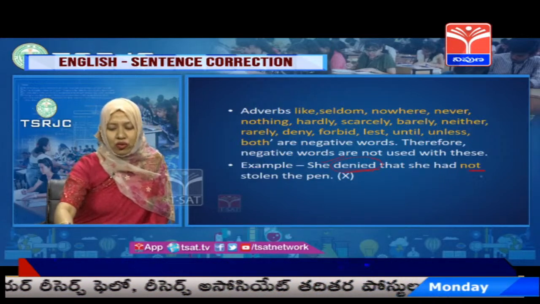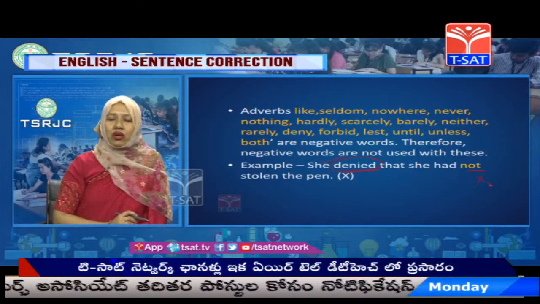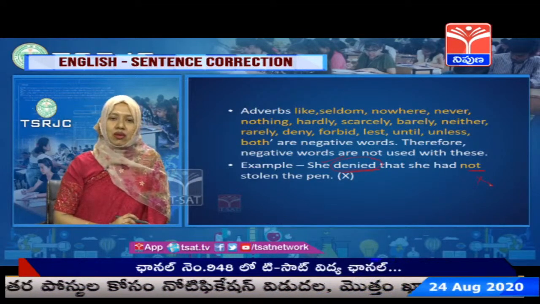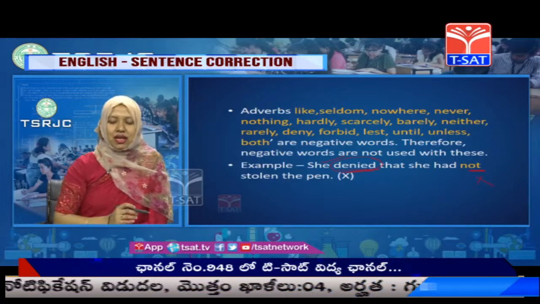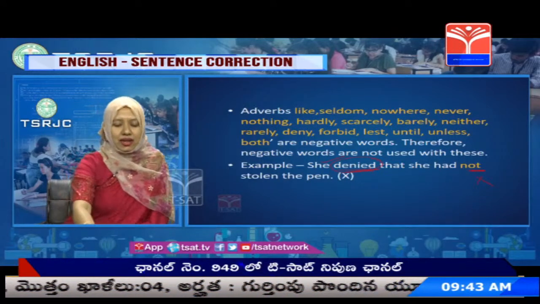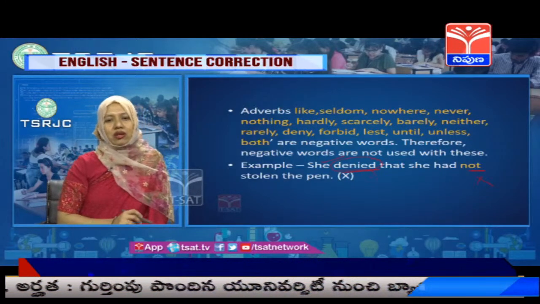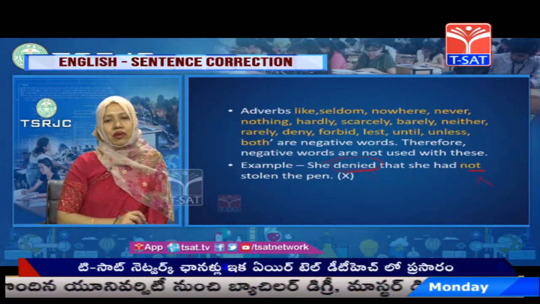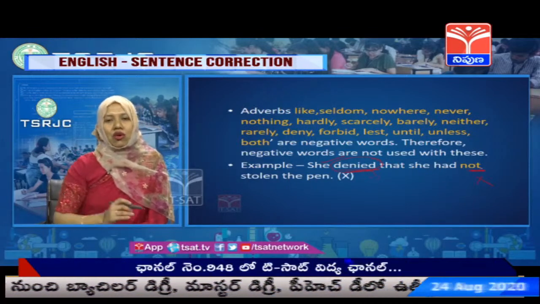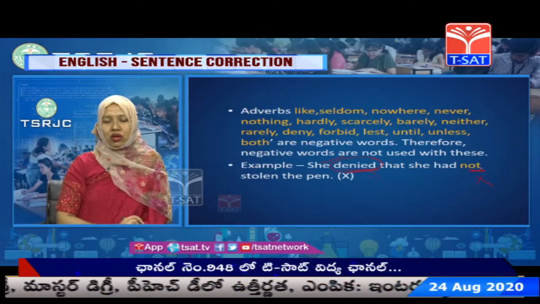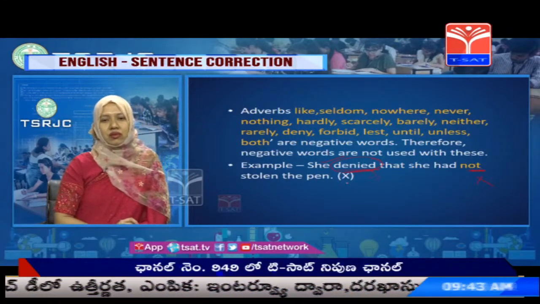There is no need of using one more not in the sentence. Denied itself is saying that she has not stolen the pen. The word denied itself is saying that I did not steal the pen. There is no need of using not. If you use not, then the sentence is wrong here.